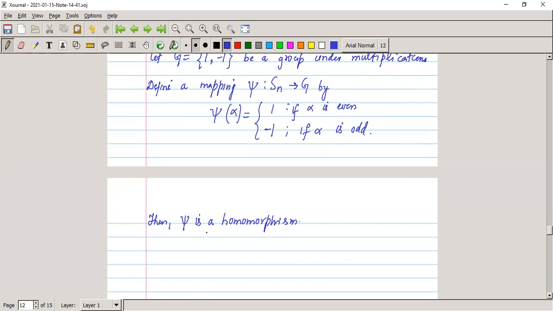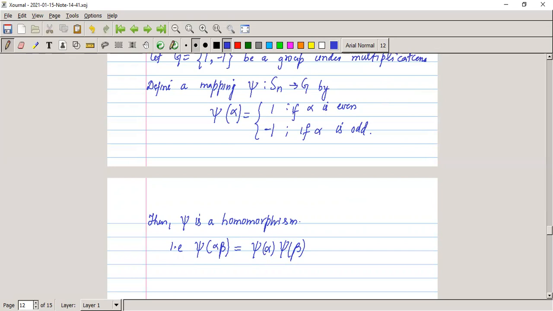And what we mean by psi is a homomorphism is that psi of alpha beta is always equal to psi of alpha into psi of beta. This can be easily checked by this definition. If alpha and beta are both even permutations, then alpha beta is an even permutation, so psi of alpha beta will be equal to 1.